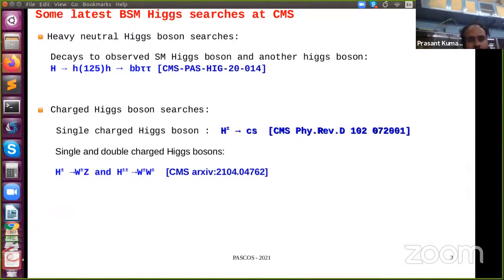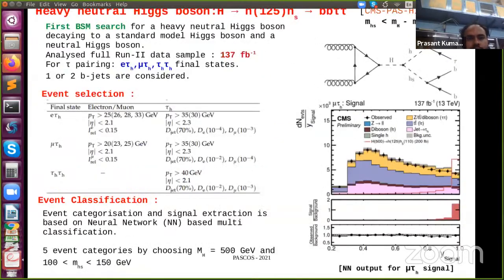And there are also charged Higgs boson searches, which include single charged Higgs bosons decaying to a charm quark and a strange quark, and also other channels with single and doubly charged Higgs bosons which decay to vector bosons like WZ and also WW. I'll be mostly discussing these three results. Let me go to the next slide.